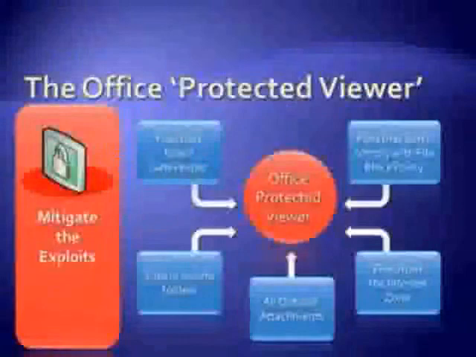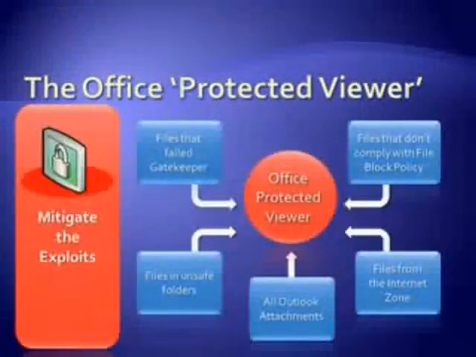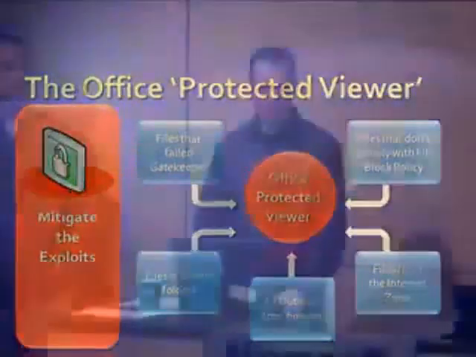The next piece I want to talk about is how do we mitigate some exploits? That's what I referenced a little bit before in something called the Office Protected Viewer. What we've done is we have a sandbox version of Word, PowerPoint, and Excel. There are different scenarios that will lead you into this sandbox.